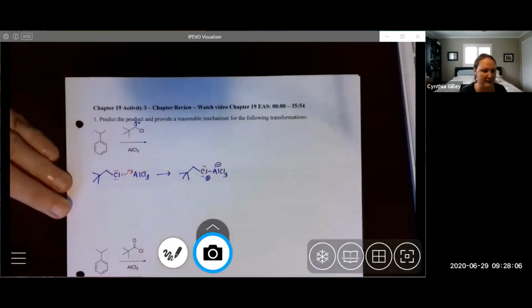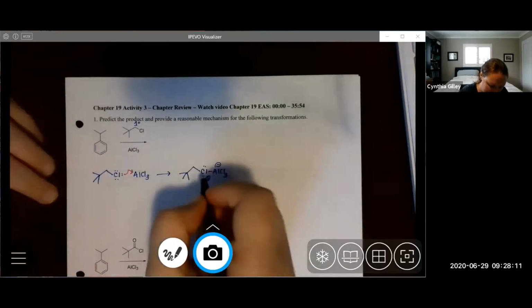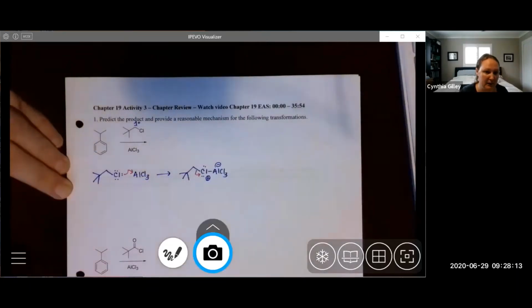We draw our Lewis acid-base complex, and then in this case we combine loss of a leaving group with a hydride or a methyl shift, because we don't want to draw any primary carbocation.